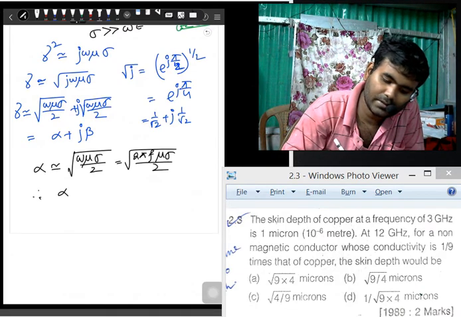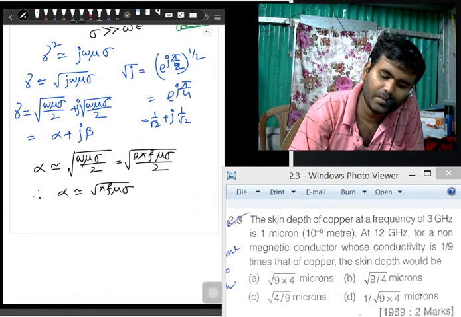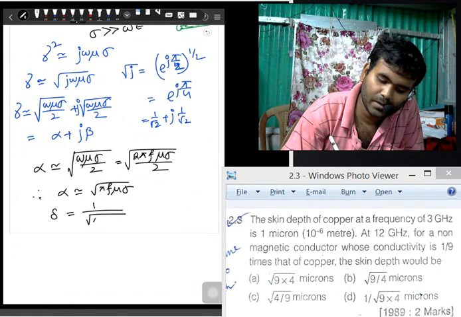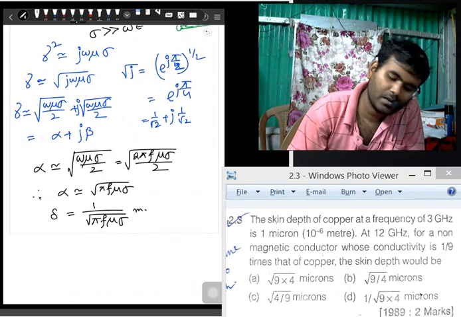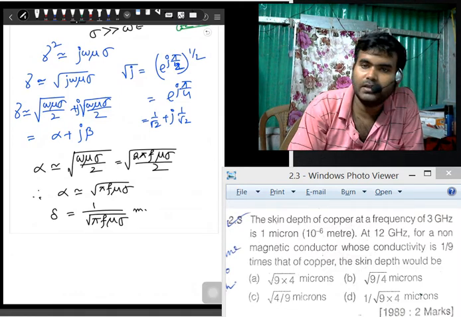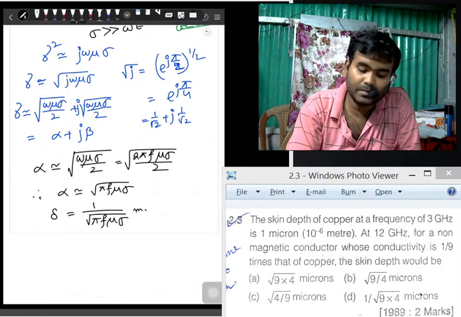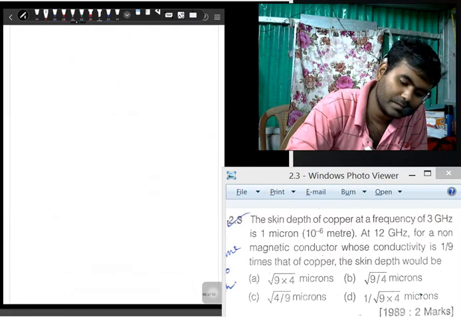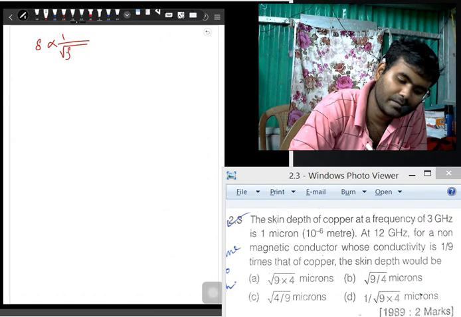So alpha is nearly equal to under root of pi f mu sigma. So delta is approximately equal to under root of pi f mu sigma meter. Now you can see delta is inversely proportional to under root of f sigma.